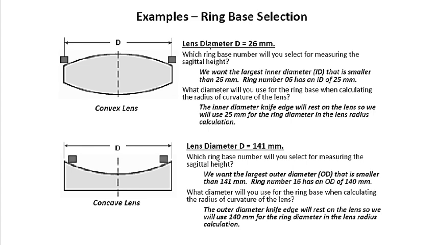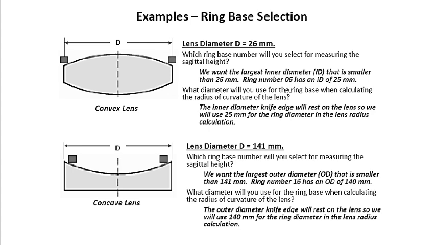Your lens diameter is 26 millimeters, and it asks you which ring base number will you select for measuring the sagittal height? The sagittal height again is from the base of that ring all the way to the tip of that lens. So we want the largest inner diameter that is smaller than 26 millimeters.